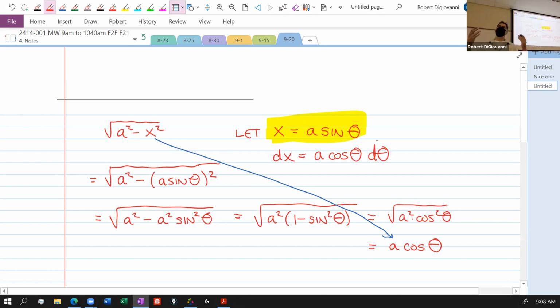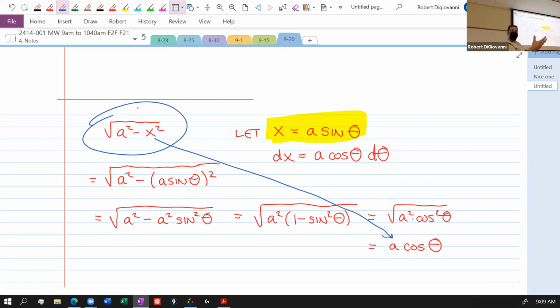This is very similar to when we made u substitutions, and we would take the derivative on both sides and use that to go back into the integral and play a matching game. Same idea here. If we're going to be replacing this part of the integral, in blue, with something with theta in it, then the dx in the integral also has to be replaced with something with theta in it. So the dx will always become a cosine theta d theta.